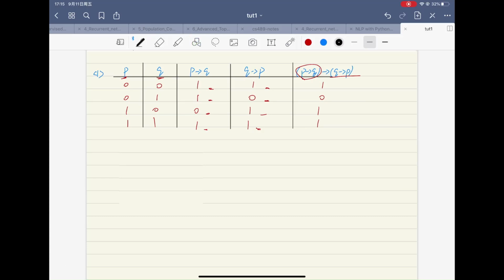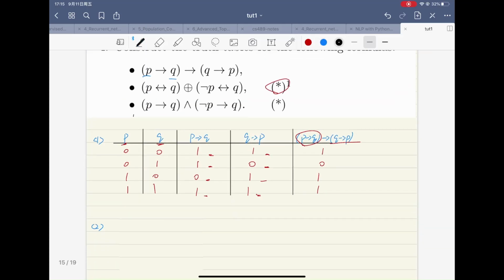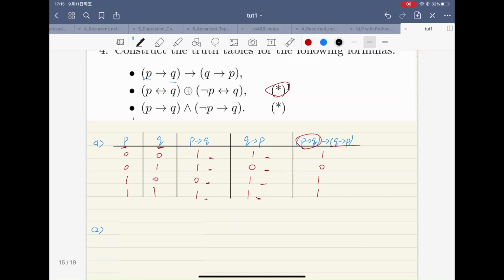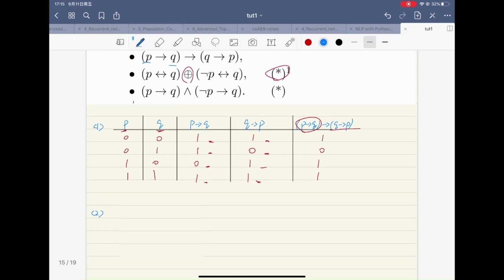Then the second one. The second one is P if and only if Q, XOR. This one is XOR. And negation P, not P, if and only if Q. So same thing.